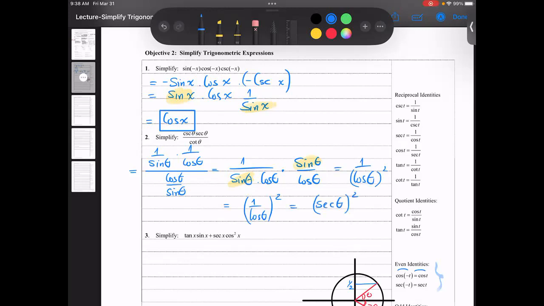Done. By the way, secant theta, all of that squared, is equivalent to secant squared theta. These are the same thing. So you can give me either this answer or this answer, it's the same to me.